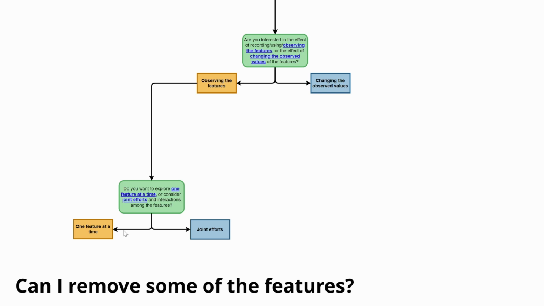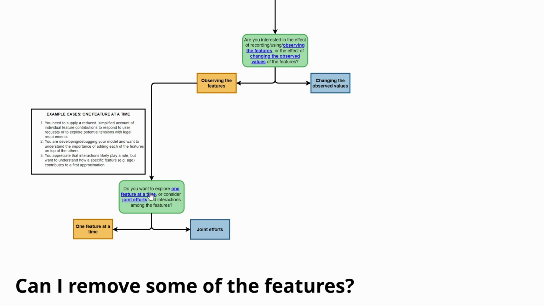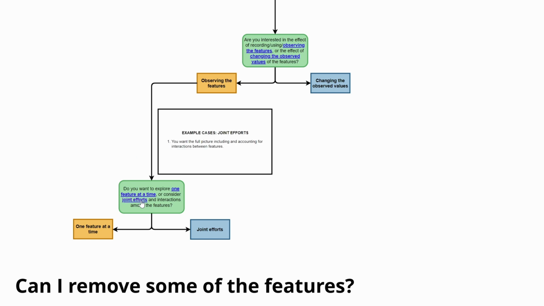Whenever we are a bit unsure on what to answer, we can click on the blue text in the question to get examples of practical situations where one should select one over the other. In this case, we want to get the full picture accounting for joint efforts and interactions, and therefore go to the right.